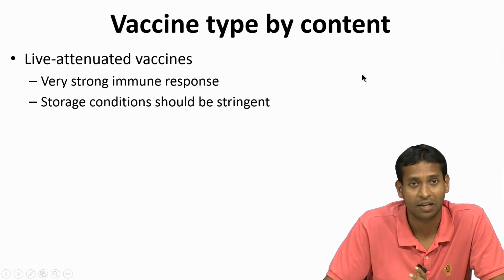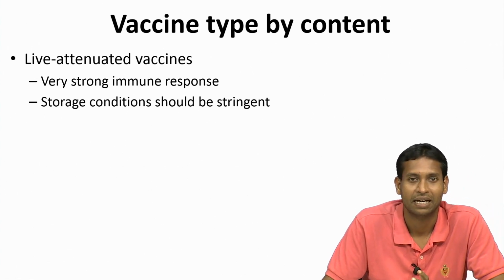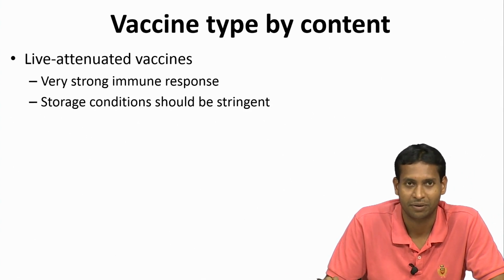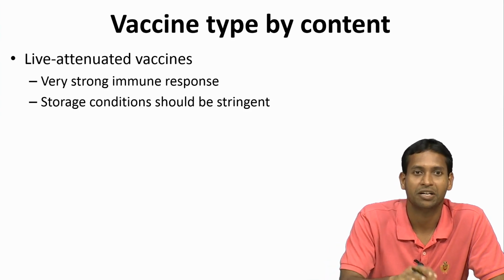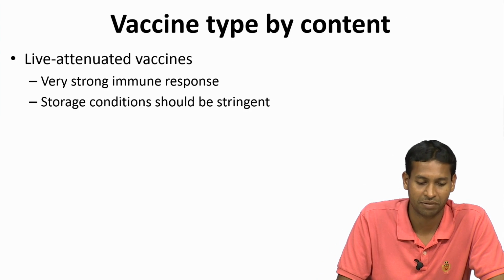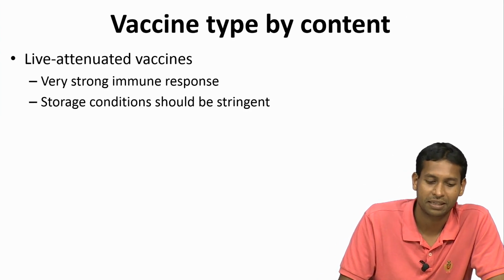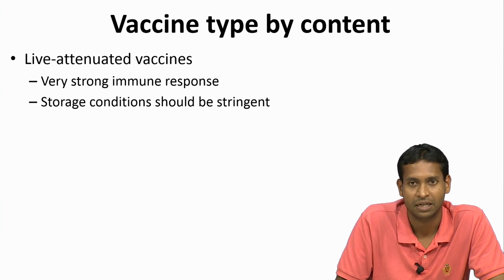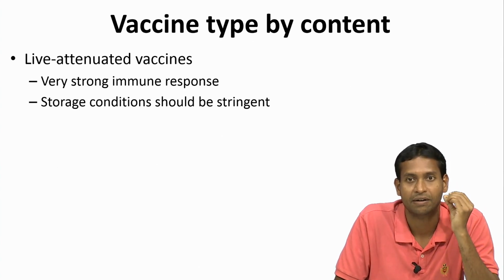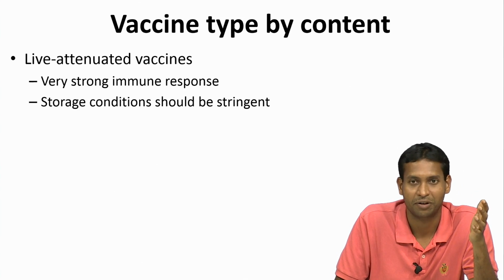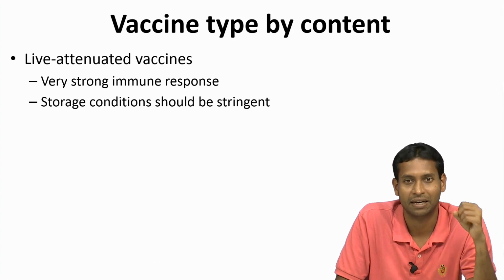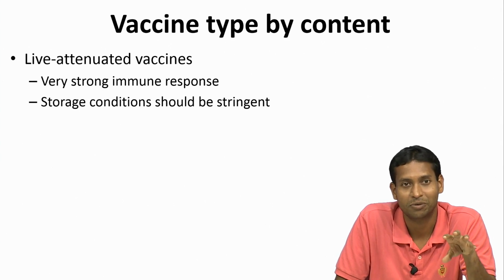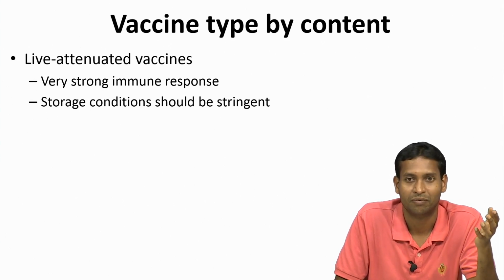just because they have basically all the units that need to be there, and they can really activate all parts of the immune response which are responsible for eradication of this particular pathogen in our body. The problem with this is the storage conditions should be fairly stringent, because if you have a live attenuated virus or a live attenuated bacteria, you want to make sure that first of all it is alive, because only then it can generate the immune response that is required, and secondly you also want to make sure that it does not get its virulence back.